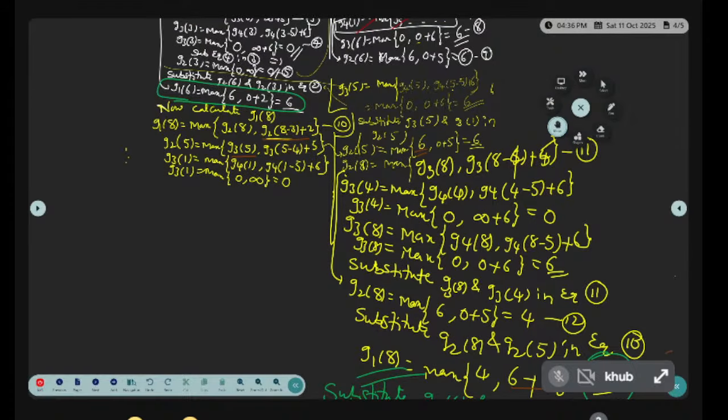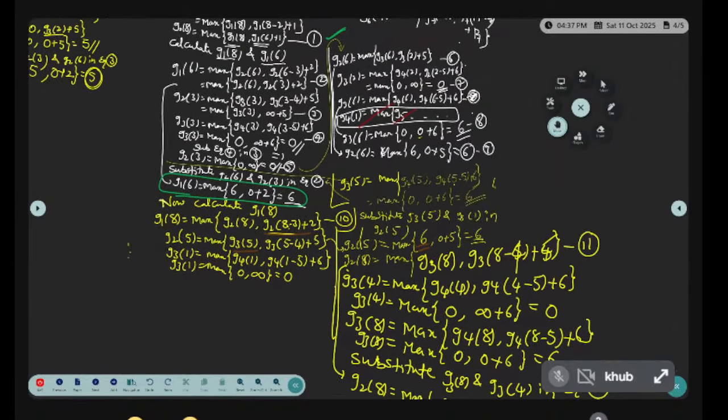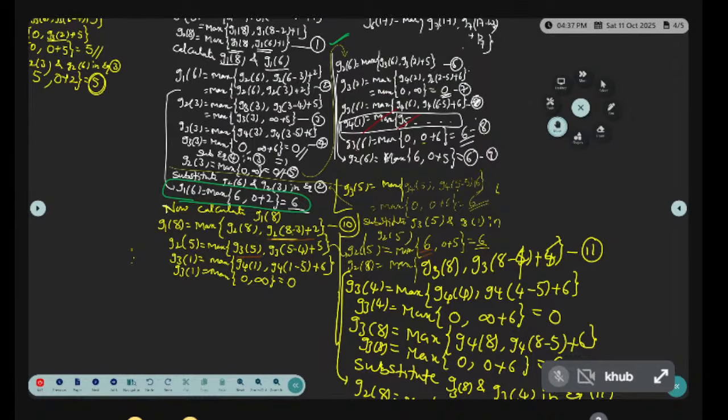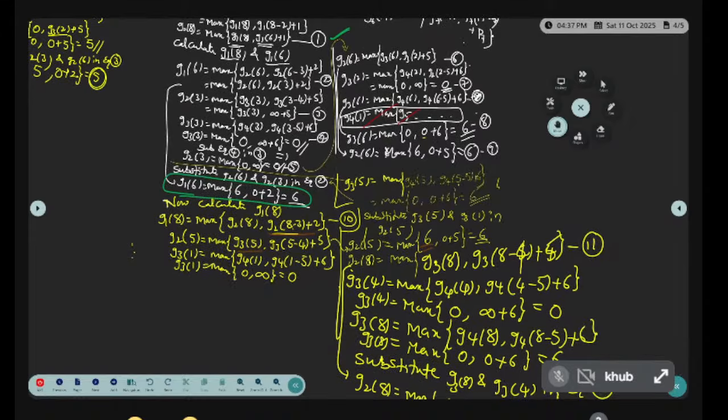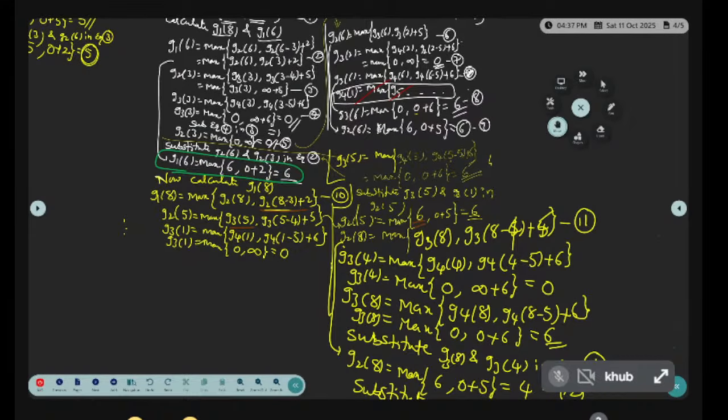Then G3 of 5. What is G3 of 5? Where is G3 of 5? G3 of 5 ఎక్కడ ఇచ్చినాం?